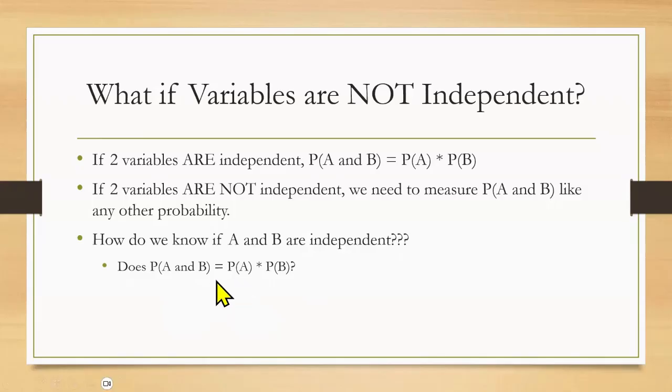Is there some difference between the probability of A and B and the product of the separate probabilities of A and B? Is that difference big enough that we want to reject that null hypothesis?